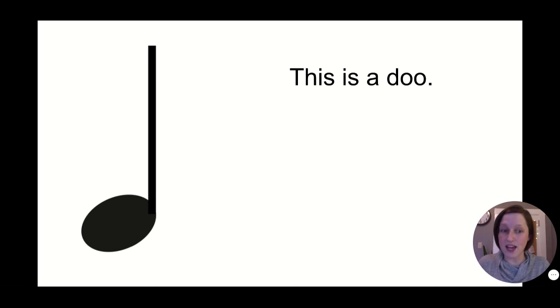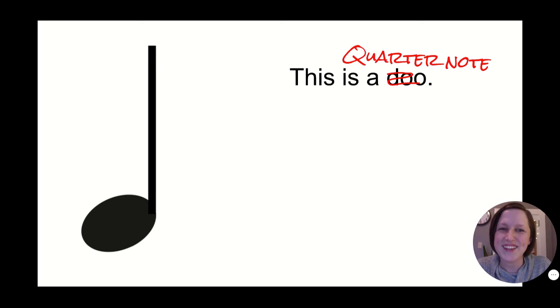So in the video we did last week where we were counting some rhythms, we saw one of these and we said, do. If you had a different music teacher last year, you maybe said ta instead. But that's not what it's called. This is a quarter note.